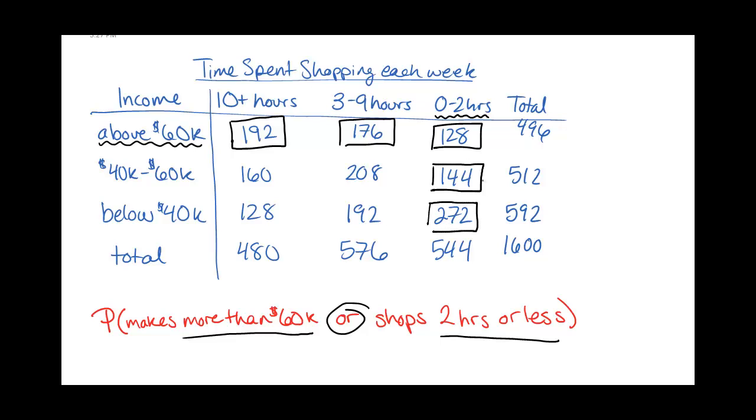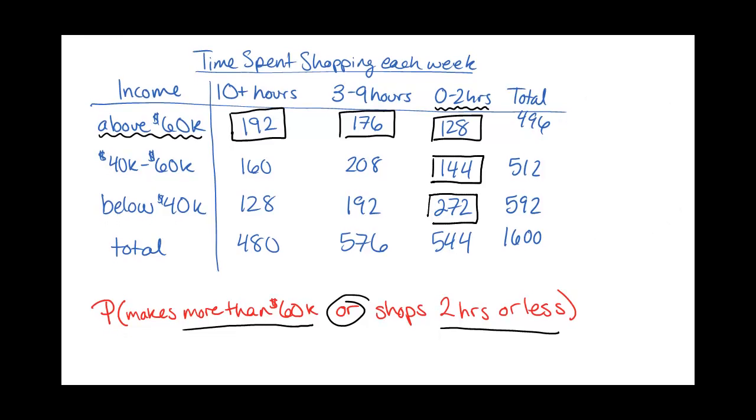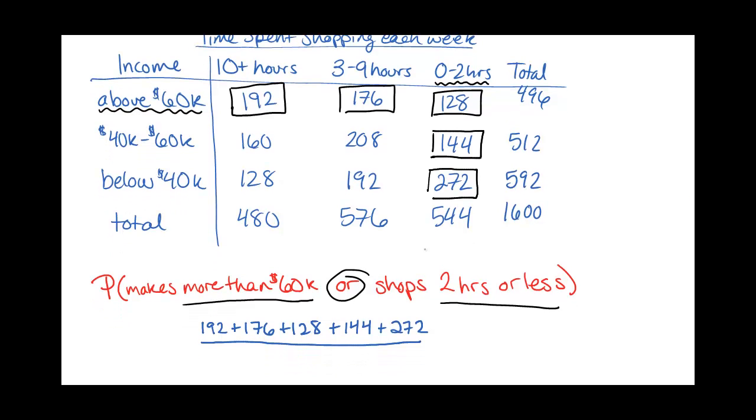So everybody in these boxes would be people who either make more than 60,000 or shop 2 hours or less. So if we're computing our probability, we could just take all of these numbers and then divide by the total. So these are all the people who qualify for this event, and the total in this case, there were 1,600 people. So we could divide by 1,600, this would give us our probability.